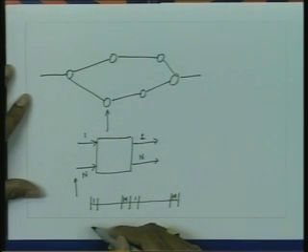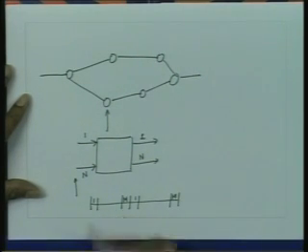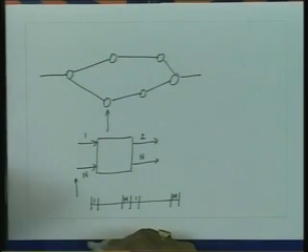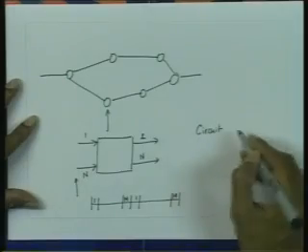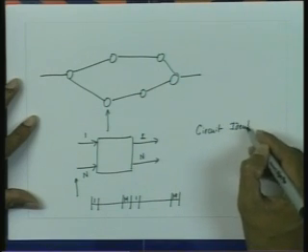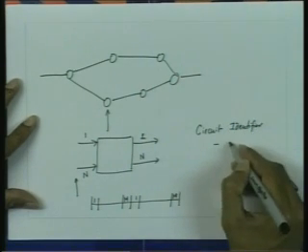Now here you can see that user number 1, let us say, is given slot number 1, then that user is completely identified by its slot number. So the circuit identifier in a circuit switching network is a slot number.